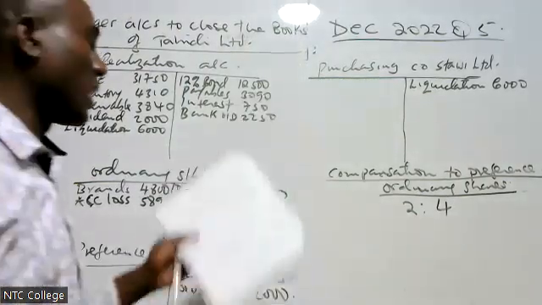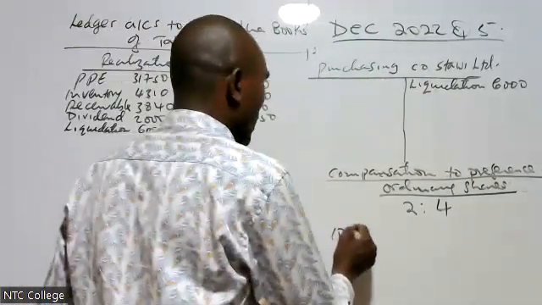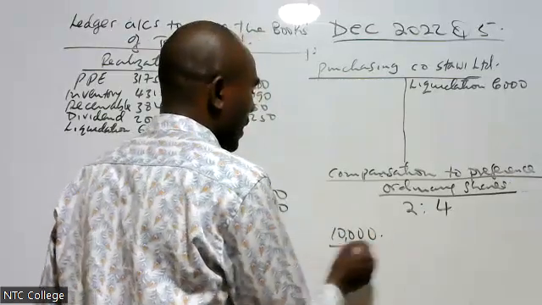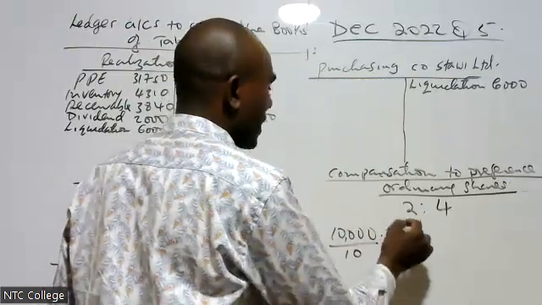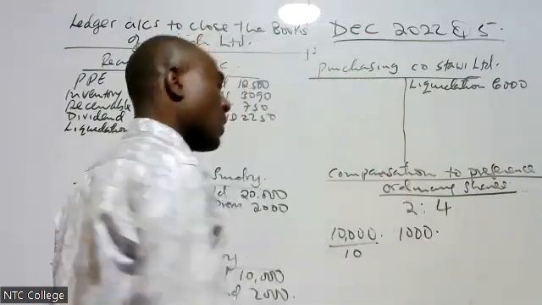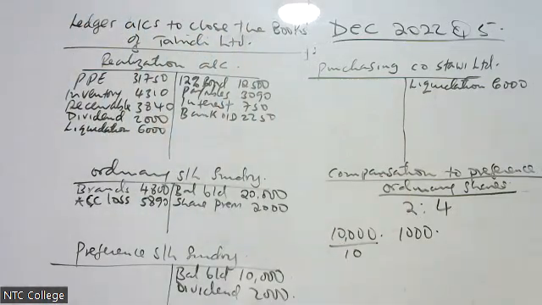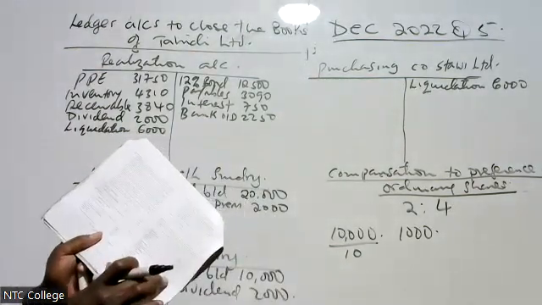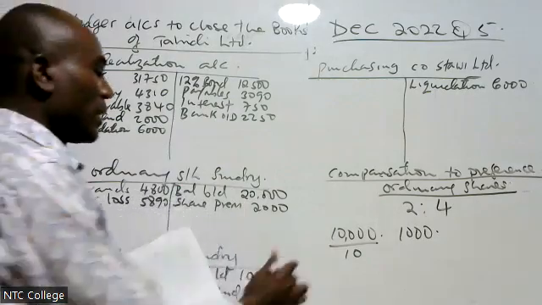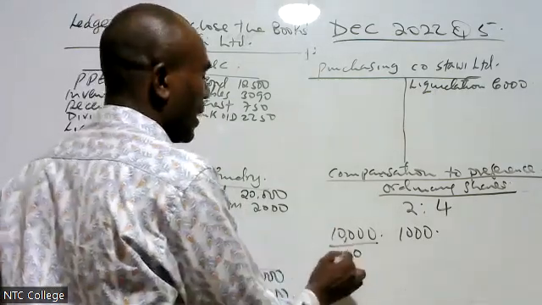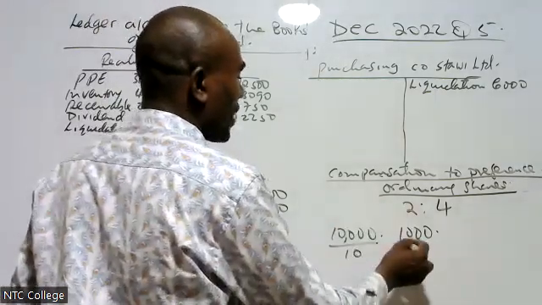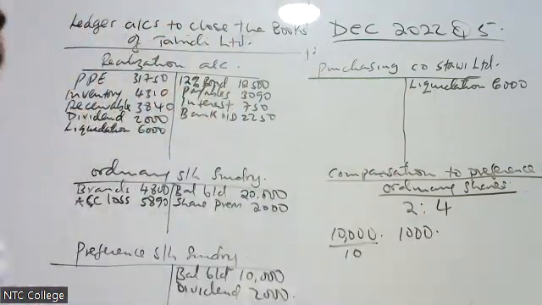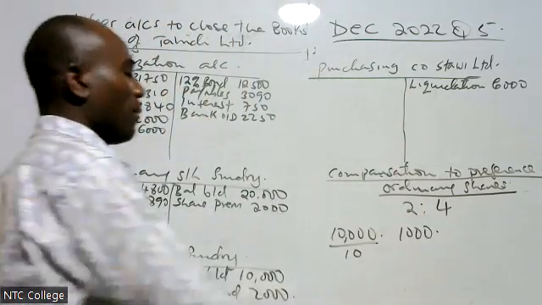Examiner is saying, for every 2 preference shares, you will get 4 ordinary shares. Therefore, what about 10,000? 10,000 is the capital of preference shareholders from the balance sheet. 10,000 is in shillings, so 10,000 divided by 10 makes it 1,000 preference shares.